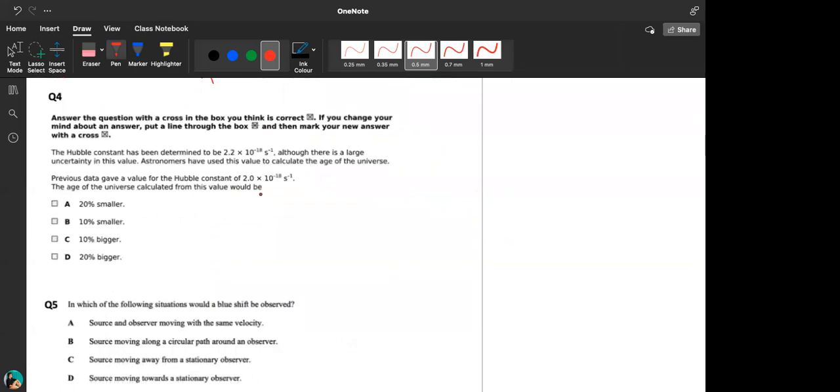Okay, question 4, same, you do a ratio. The Hubble constant has been determined to be 2.2. Previous data gave a value of 2.0. The age of the universe calculated from this value would be, right, T1 equals 1 over H1, T2 equals 1 over H2.